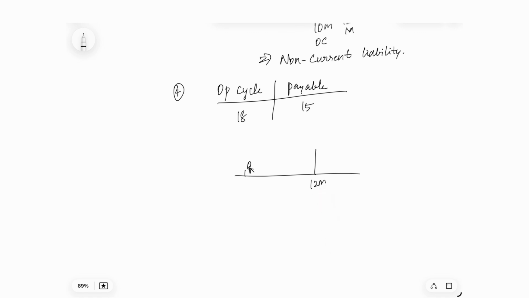First you have the 12-month condition, the standard financial year, and then you have the 18-month condition of the operating cycle. Now again, he launches himself. How long is the payable amount? 15 months. Therefore, he will be able to cross this 12-month barrier, but he will fall well within the 18-month condition because his operating cycle is pretty long. Therefore, even though the payable is beyond 12 months, he falls within the operating cycle barrier. Therefore, this liability will be treated as a current liability.